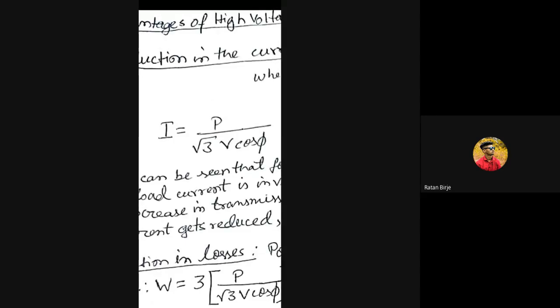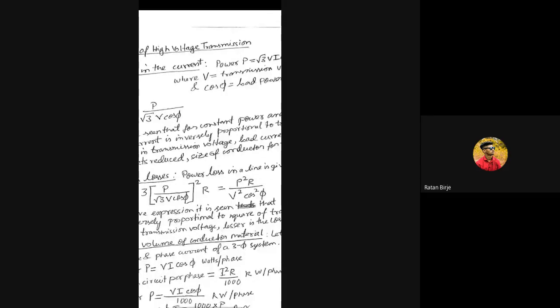So for constant power, if the voltage increases, the current will definitely decrease, because I is basically equal to P divided by root 3 V cos phi. It can be seen that for constant power and power factor, the load current is inversely proportional to the transmission voltage, right?